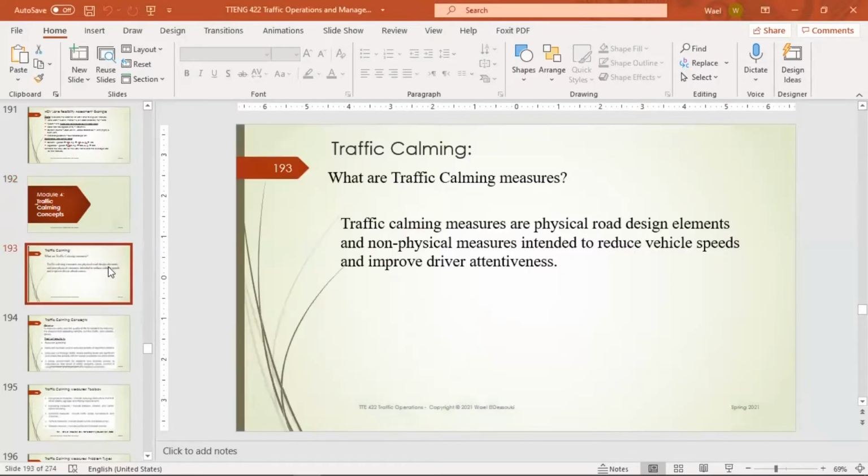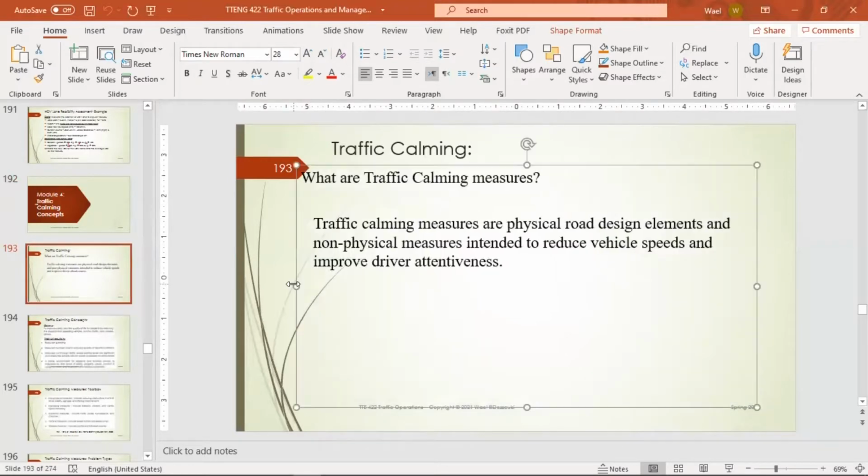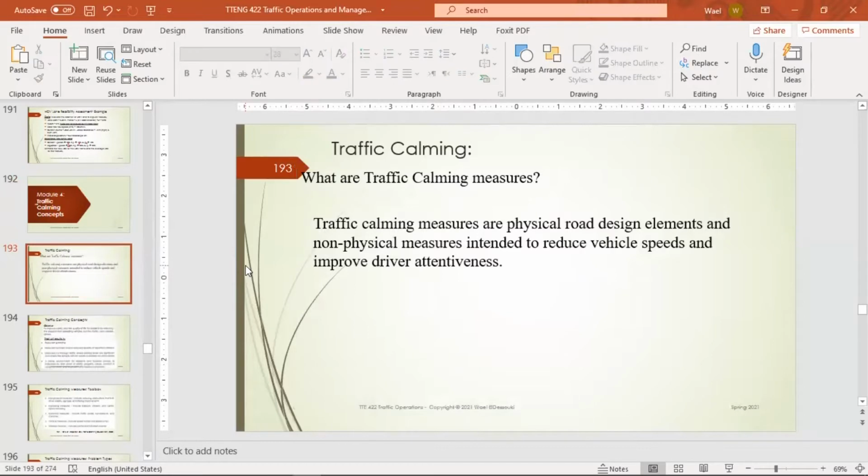So what do we mean by traffic calming? What are traffic calming measures to begin with? Traffic calming measures are physical road design elements and non-physical measures intended to reduce vehicle speeds and improve driver attentiveness.